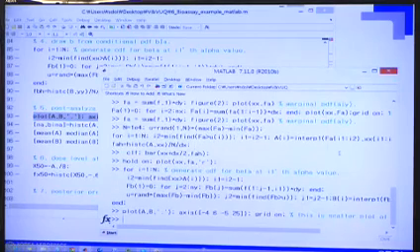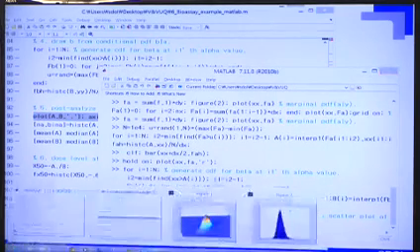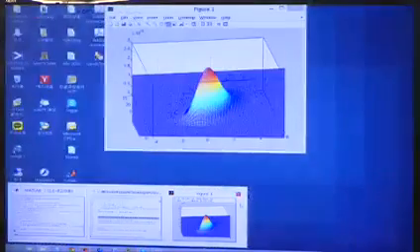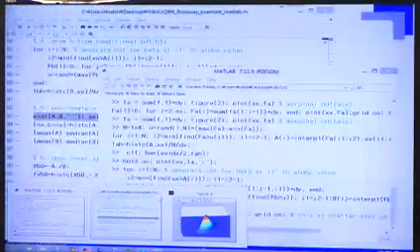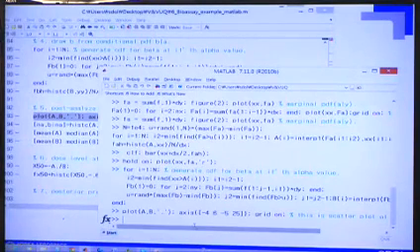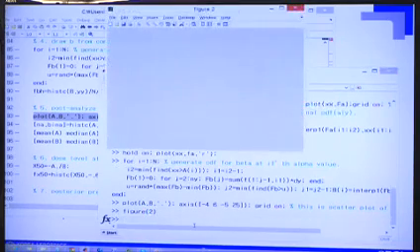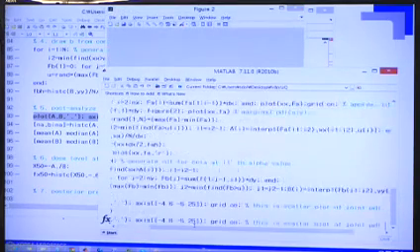And plot the results in the form of... I will introduce a new figure and plot here.